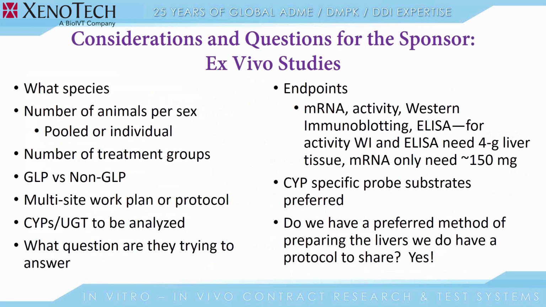We need to know specifically what CYP enzymes or other enzymes such as UGT are going to be analyzed for induction. And again, what specific questions are you trying to answer with the study?